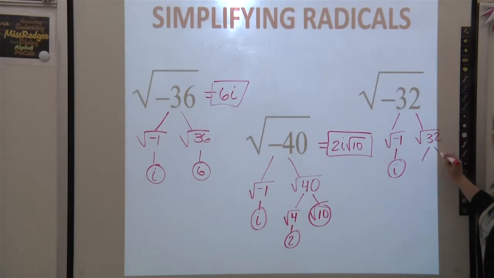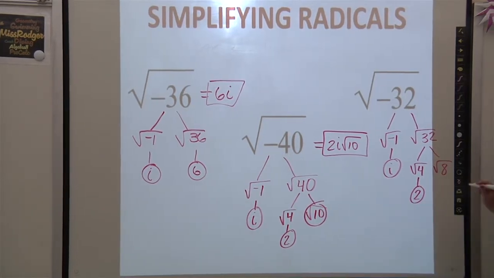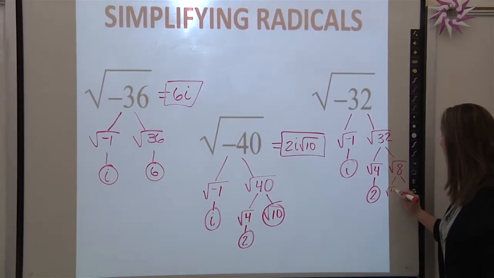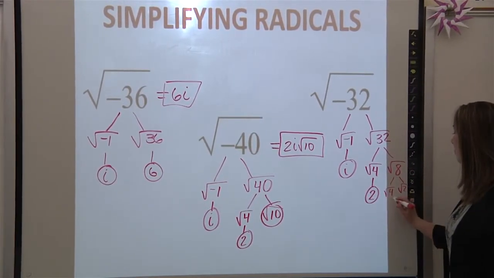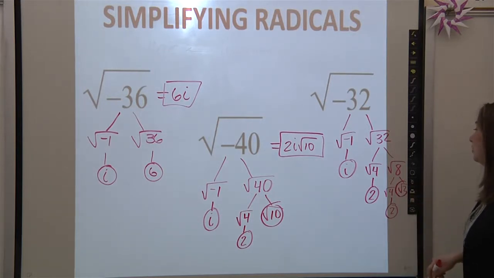And radical 32 is radical 4 times radical 8, because 8 times 4 is 32. Radical 4 is 2. And I can keep going. When I can keep breaking this down, that means I didn't pick the biggest perfect square that goes into it. So radical 8 is radical 4 times radical 2. Radical 4 is 2. And the square root of 2 does not break down.